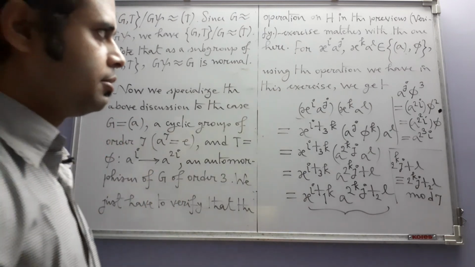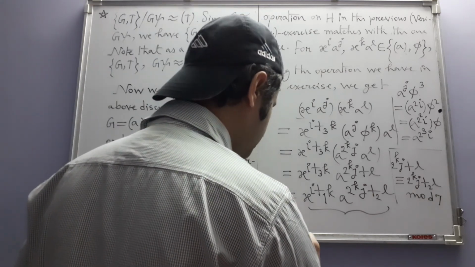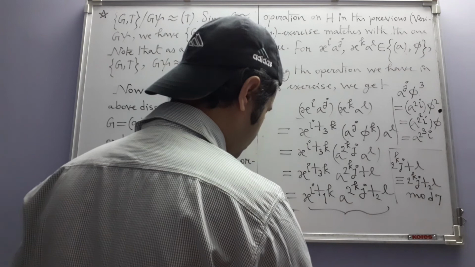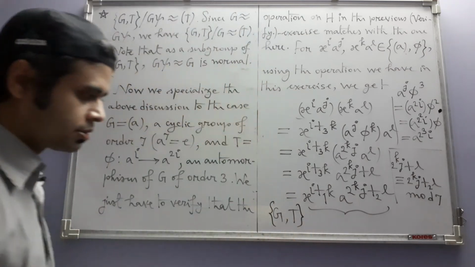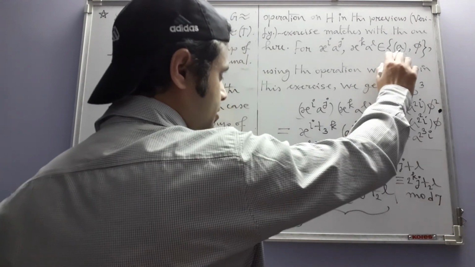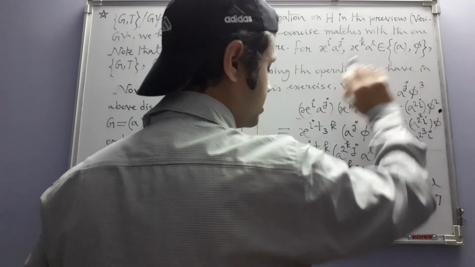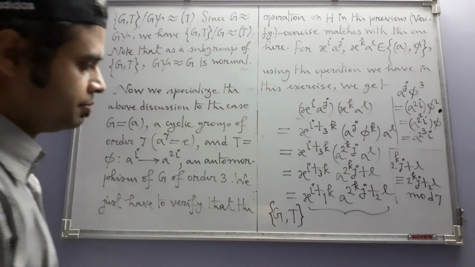So you see that we mentioned this specifically, that even when G is abelian, this group that we construct is non-abelian. In this case itself, G is abelian because it's a cyclic group of order 7.